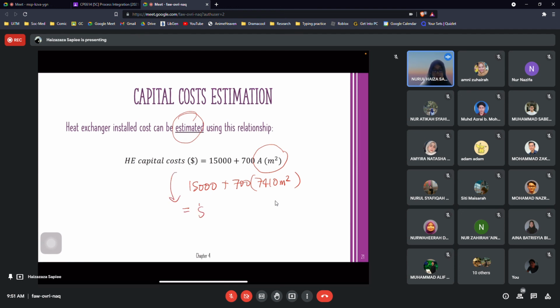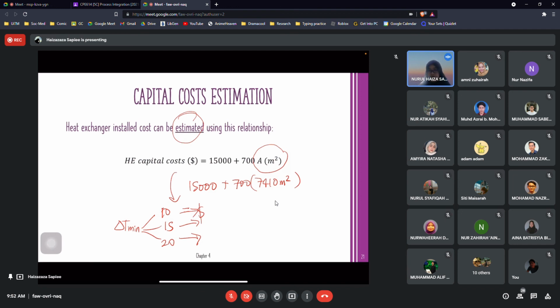How many dollars. So actually you can calculate, if the delta T min is, for example, 10, 15, 20, and you can see how much the total capital cost is. And that would lead to your lowest total cost later, because you have to consider your energy cost and your capital cost.